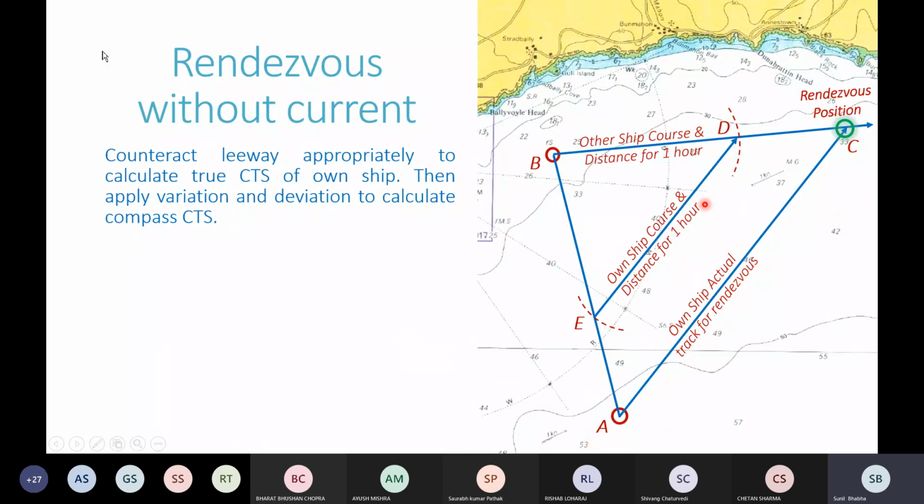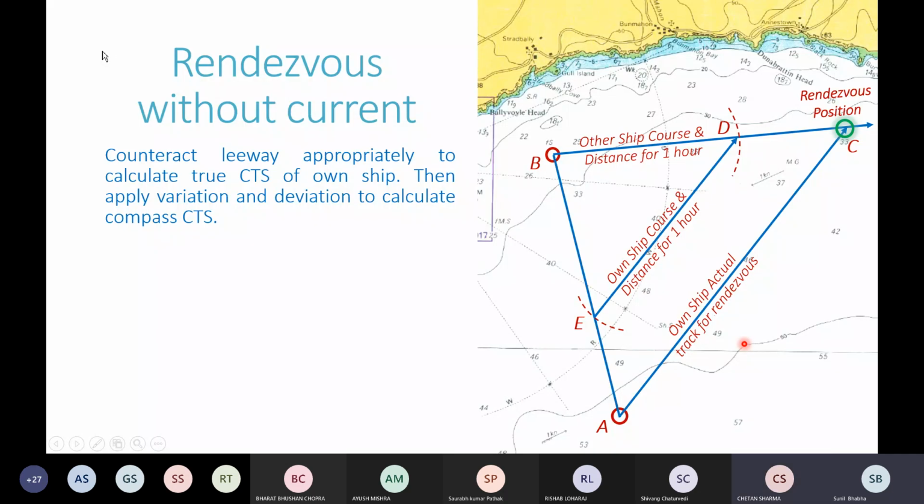This is the course to steer, and if there is any wind given, the leeway angle is given to us, wind is present in that area, then this will be the leeway track. So in case of wind, we will have to counteract the leeway appropriately to find out the true course to steer for own ship to rendezvous with the other ship.